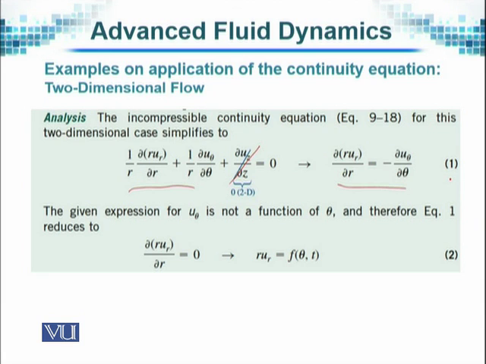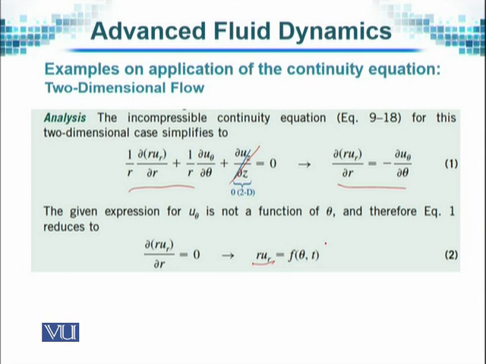When we integrate it, we obtain r ur plus 0, because there is no r term coming here, and then there will be some constant of integration. That constant of integration we keep in a way that it can depend on the other variables such as theta and time t.